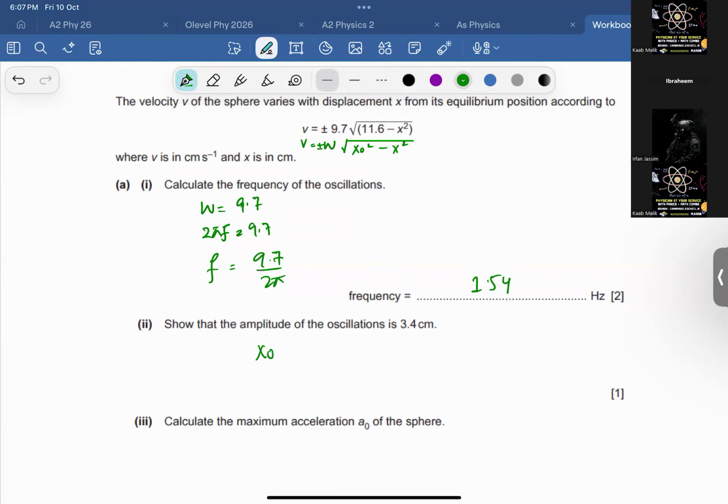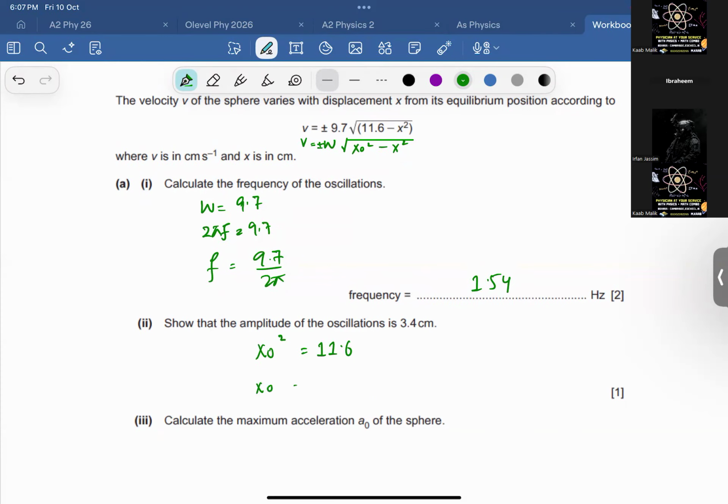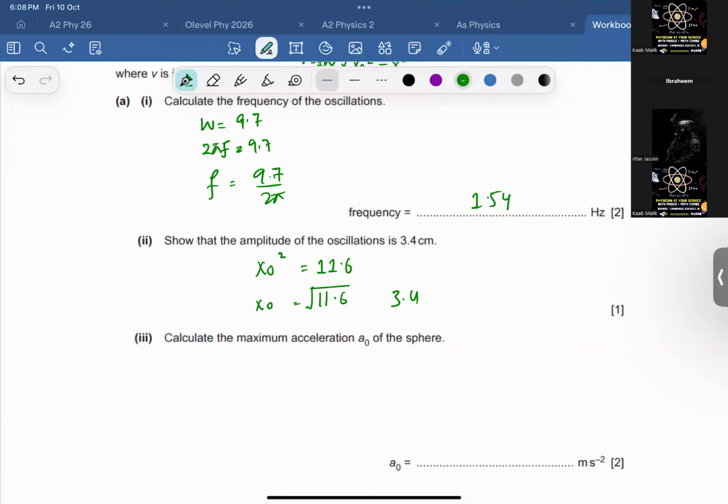Amplitude squared, x naught squared, is equal to 11.6, so it will be the root of 11.6. So are you getting 3.4? Yes, 3.4. Good.